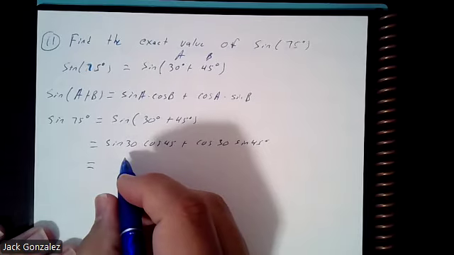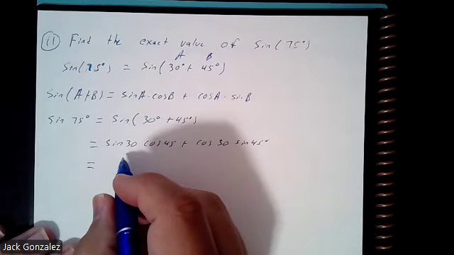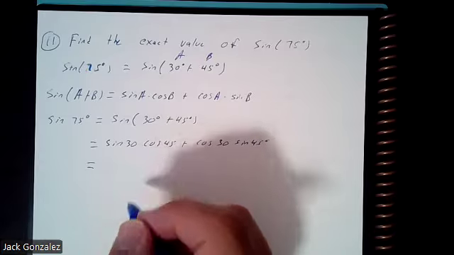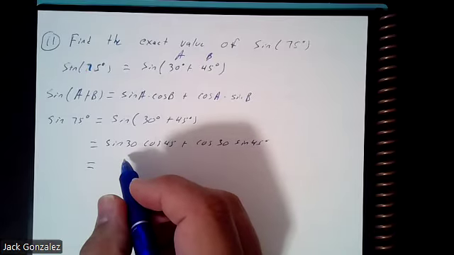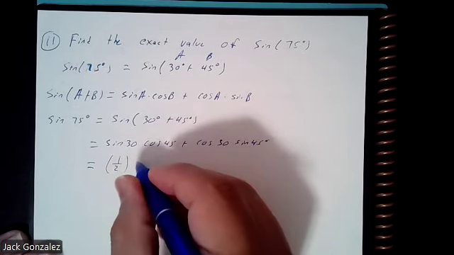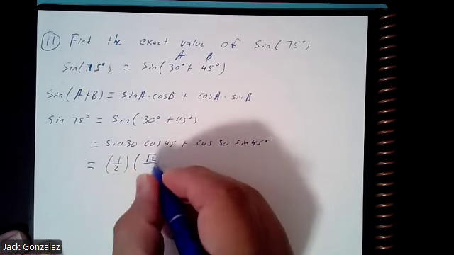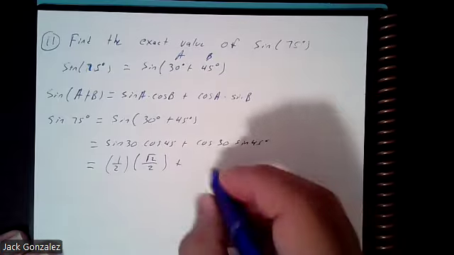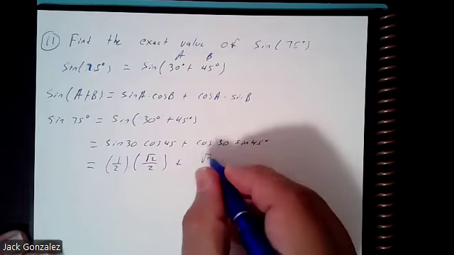Let me get my circle out. Sine of 30 is 1/2. Cosine 45, well, that's the common angle. Cosine 30, that will be √3/2.